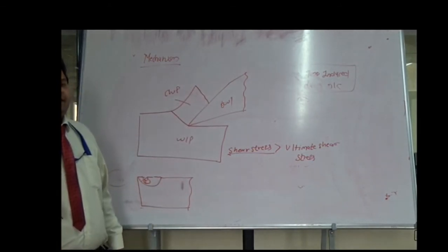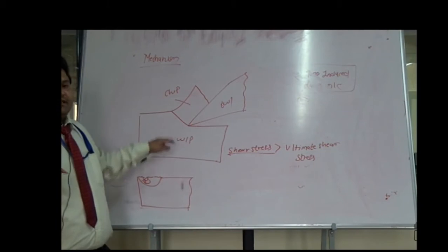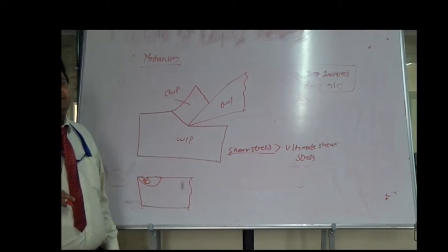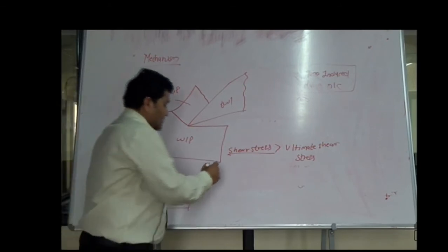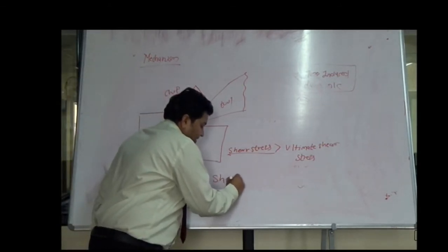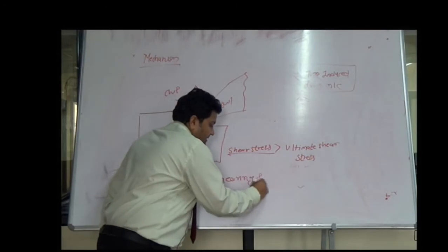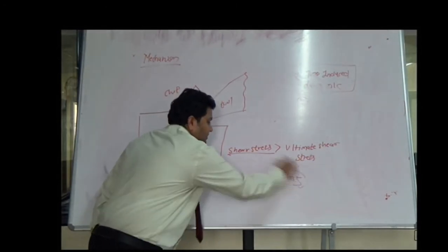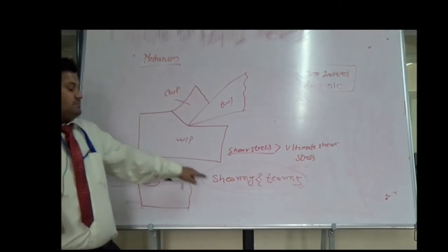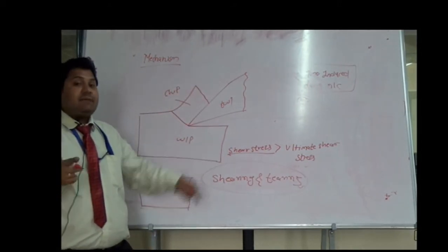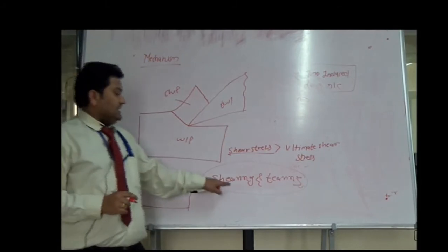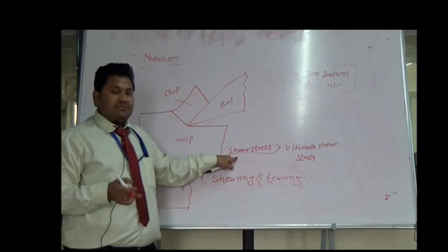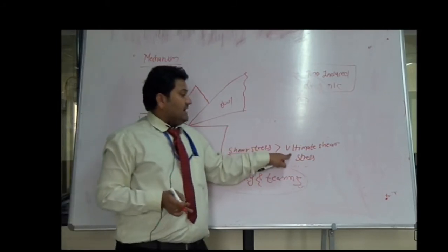The mechanism in which the chip formation takes place is nothing but the shearing and tearing mechanism. Chip formation takes place by shearing and tearing. Why does it take place? Because the shear stress is greater than the ultimate shear stress.